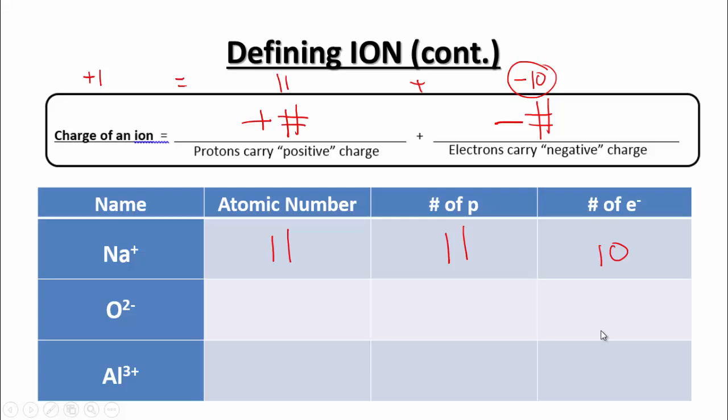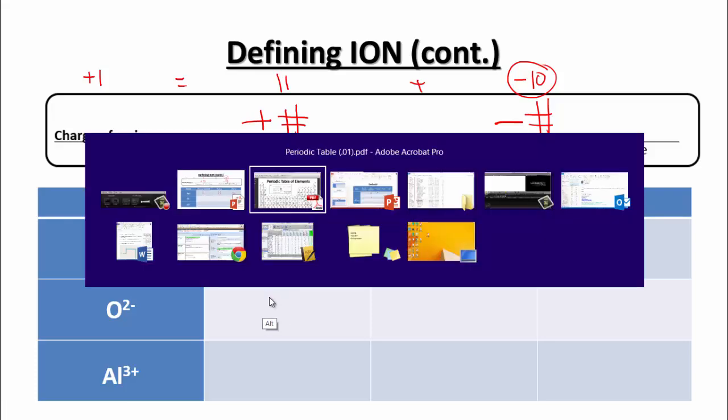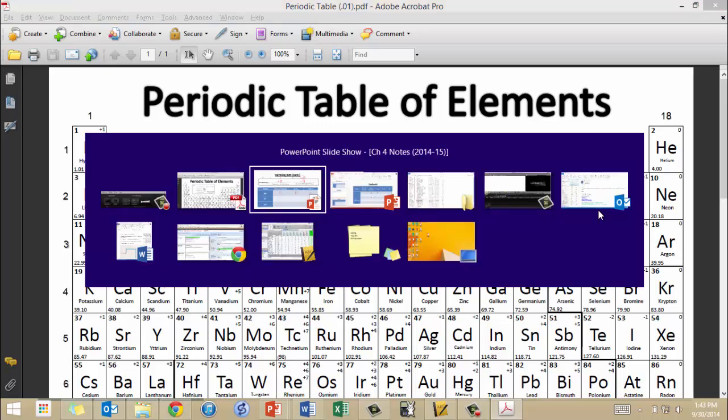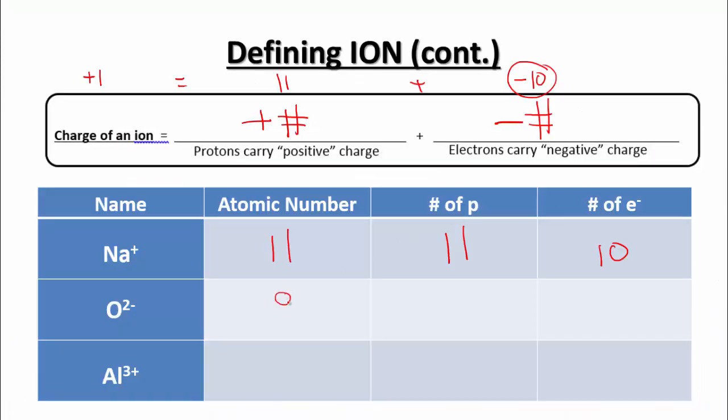Okay, looking at the oxide ion here. Look up on the periodic table for the atomic number. Oxygen is right here. The atomic number is 8. So I'll write that down. Atomic number is 8. And it's got a 2 minus charge, so I'll work up here now. So if the overall charge is 2 minus, and we have 8 here, 8 plus what negative number will get you to a -2 charge overall?